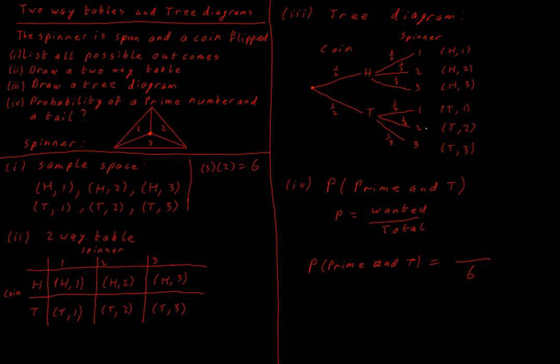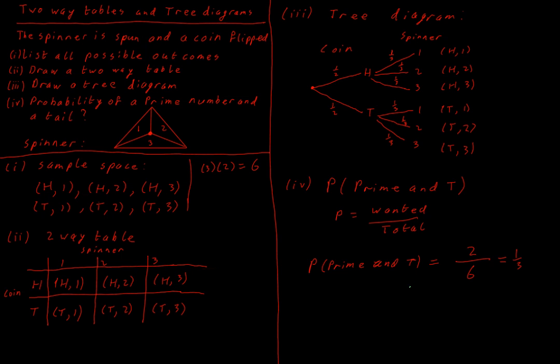So I would have 2 outcomes that are described here. So I would have 2 outcomes out of 6 would meet my description. And when I put that in my calculator, I would get a third. So there'd be a probability of a third of getting a prime number on my spinner and a tail on my coin.